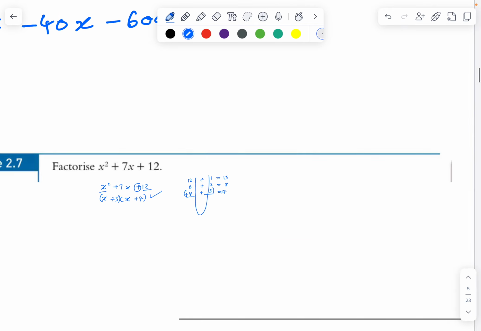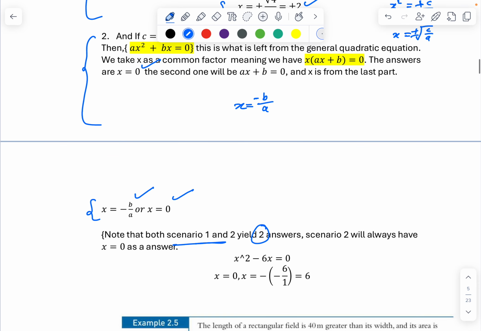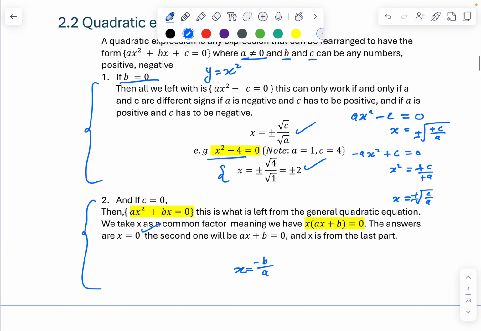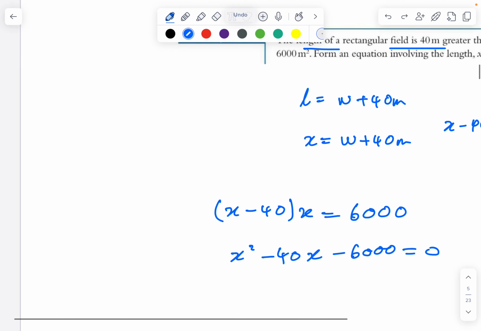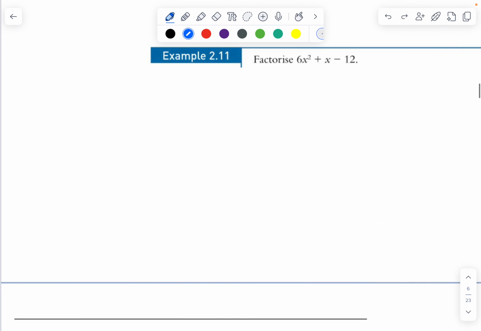And if we go back to the b equals 0 part, we can just say b equals 0. The answer is plus or minus the square root of c over a.